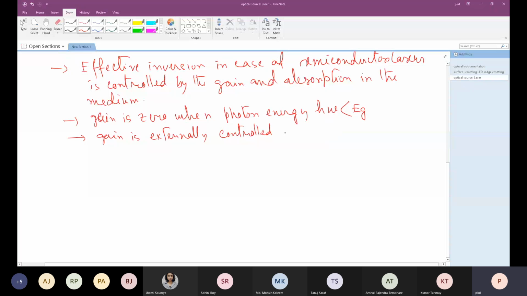So if we compare the current drive of the LED and laser diode, for laser diode the current drive requirement is much more, an order higher than the LEDs.